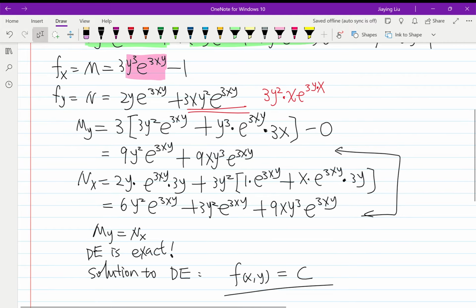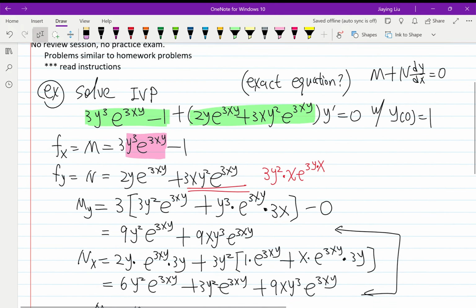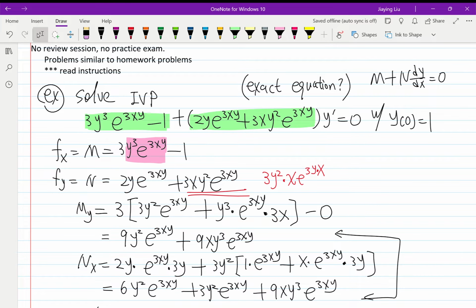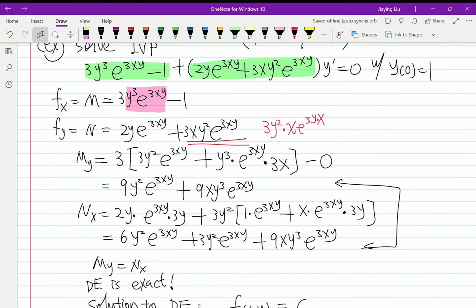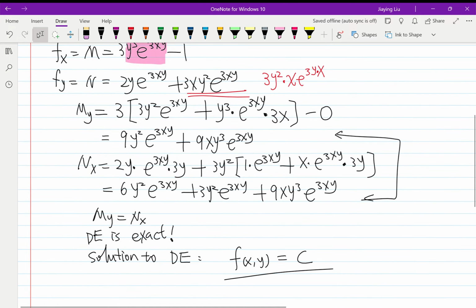Well, to find the function, there's a few things that we could use. We know the partial derivative of the function with respect to x is that, with respect to y is this. We have two pieces of information we can use. It's really up to you which one to use. I'm going to use the first one, just because the term seems to be simpler. I think it might be easier.